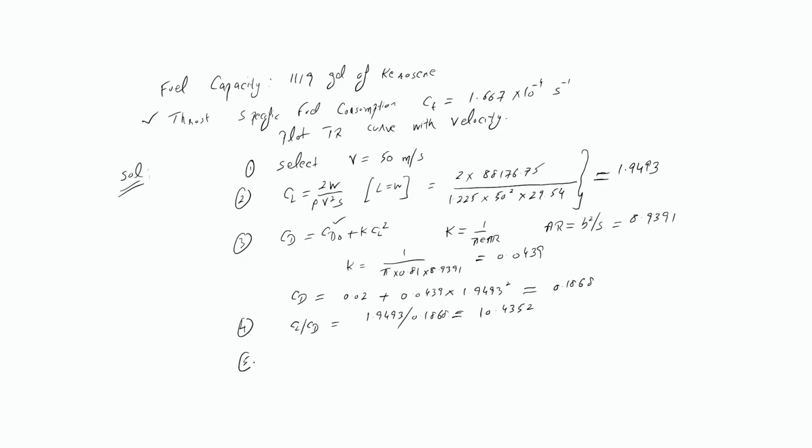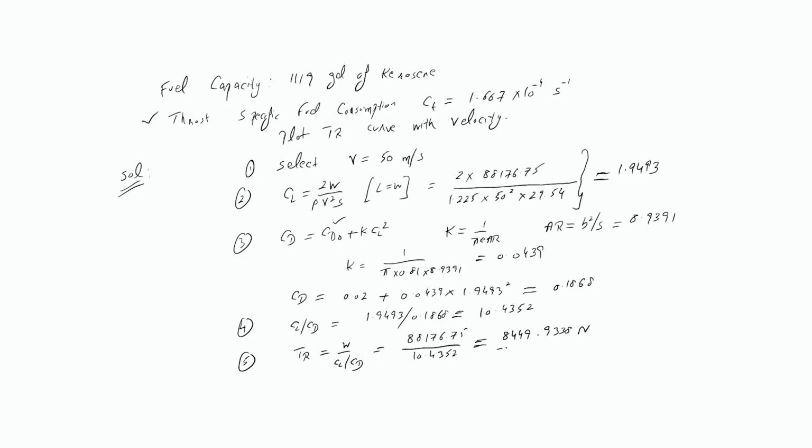Finally, we can get thrust required. Thrust required equals W by CL by CD. W was also given to us, 88,176.75 divided by CL by CD, 10.4352, and thrust required comes out to be approximately 8449.9338 newtons.